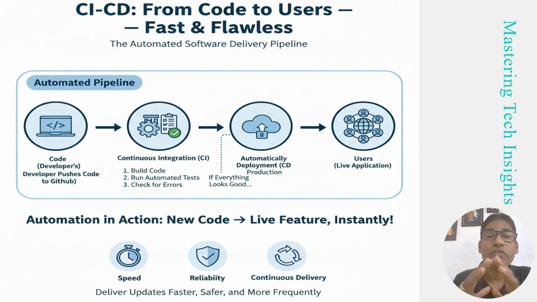Continuous integration, CI, means whenever a developer writes new code and pushes it to a shared repository like GitHub, an automation tool immediately builds the code, runs automated tests, and makes sure nothing is broken. Continuous deployment, CD, takes it one step further. If everything looks good, the new code is automatically deployed to production, live for users.